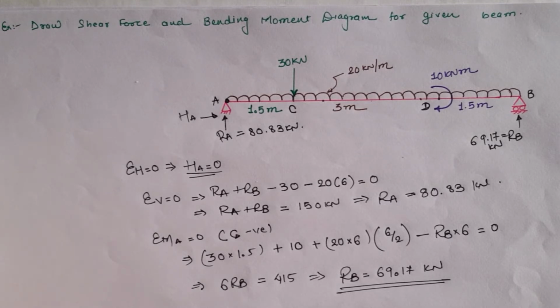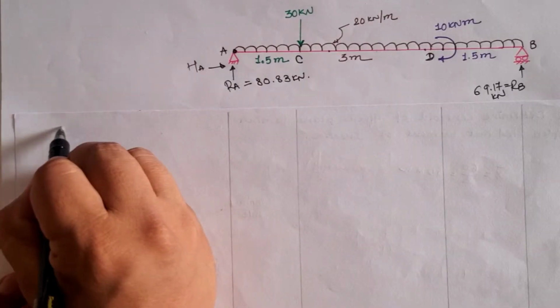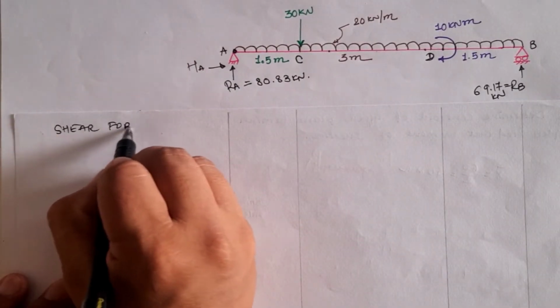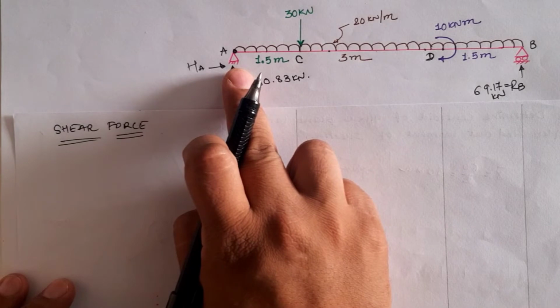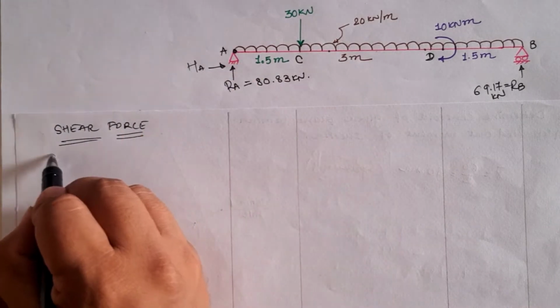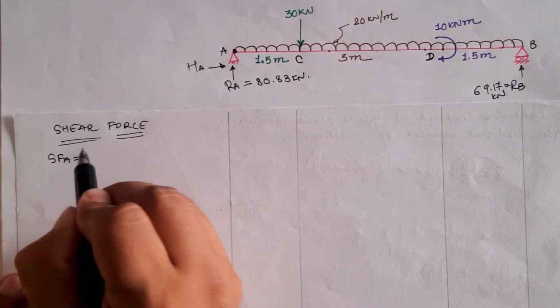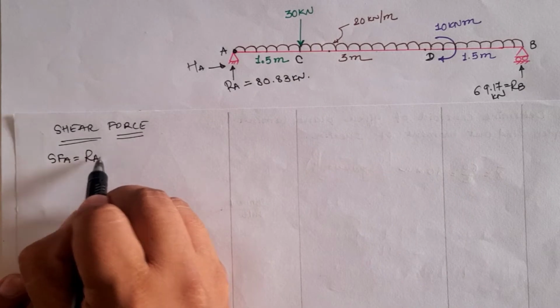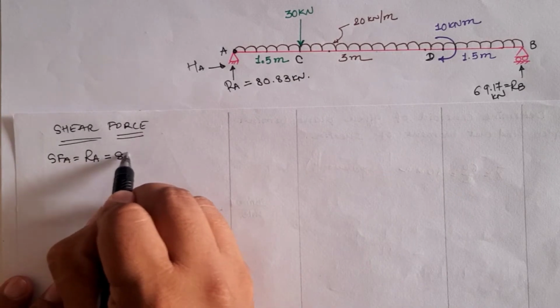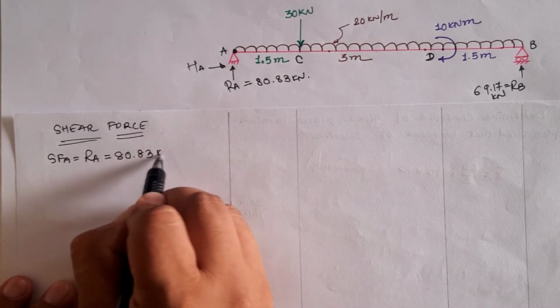Now let us go ahead to the calculation of shear force of this given beam. At location A, our shear force value is equal to the vertical reaction RA, and the value is 80.83 kilonewton.